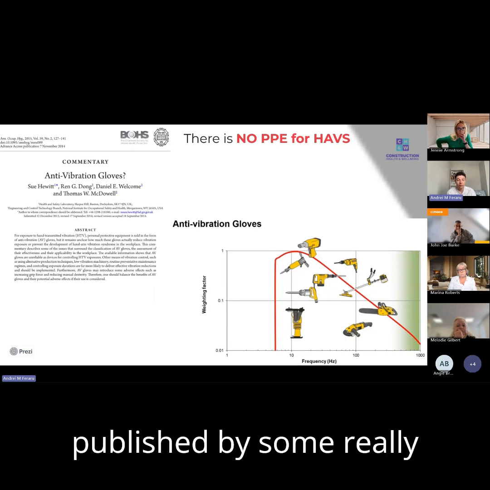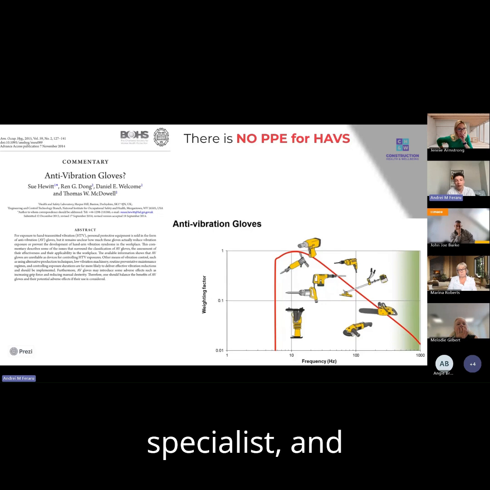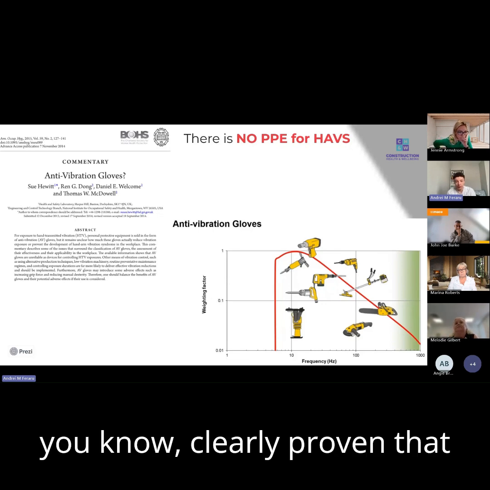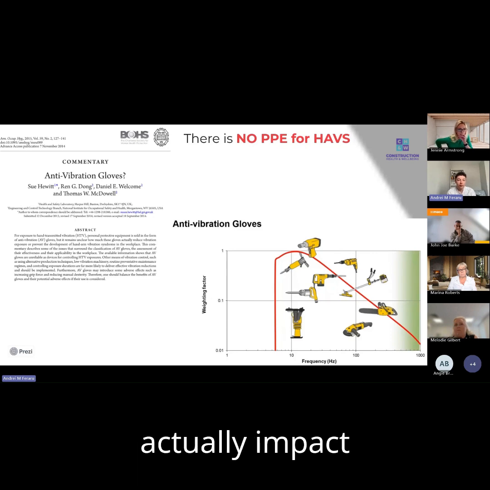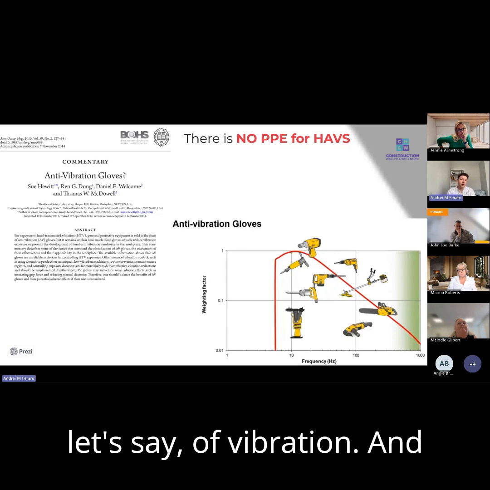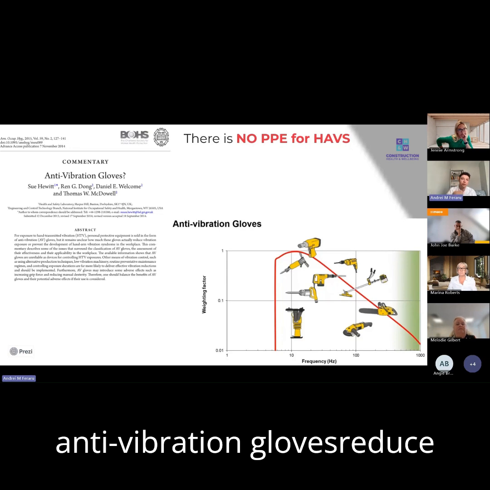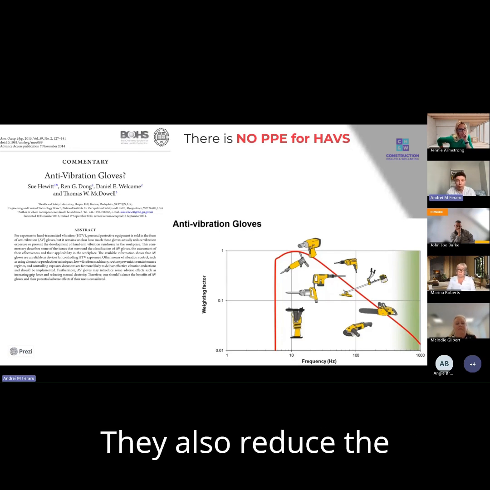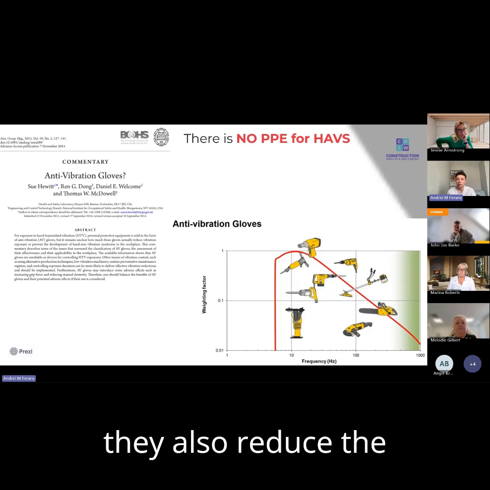There was a great study published by some really great scientists, Sue Hewitt, one of them, the HSE vibration specialist, which clearly proved that anti-vibration gloves can actually negatively impact exposure to vibration, mainly because they reduce the amplitude, that's the benefit of using them, but they also reduce the frequency of vibration.